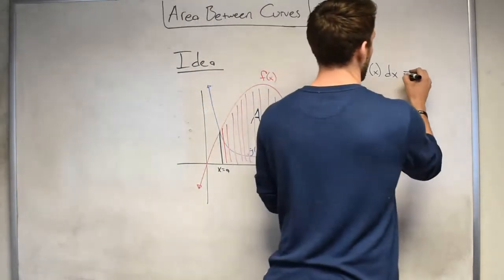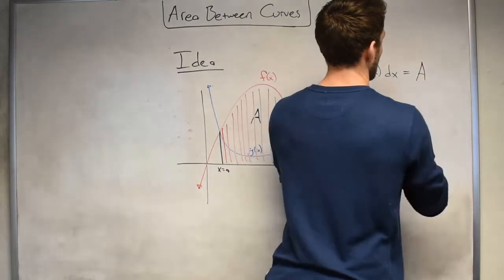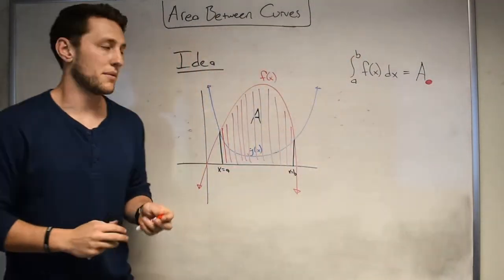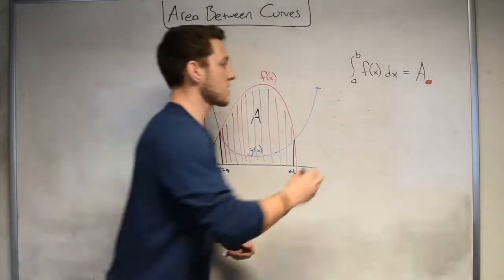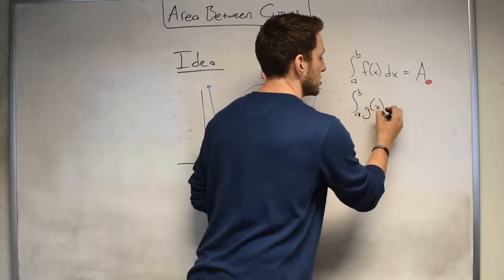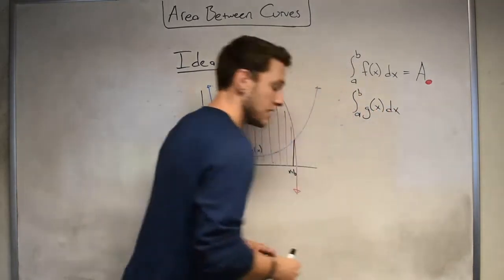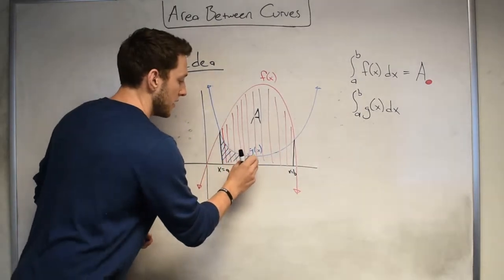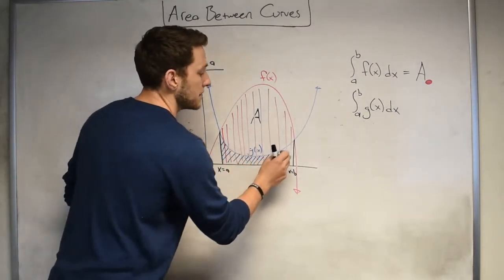So that gives me the red area. If I do the same from a to b with my bottom function g of x, that will in turn give me the blue area, from g of x on down to the x-axis.